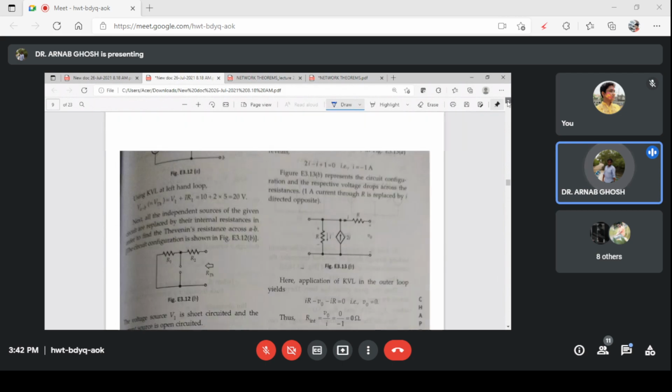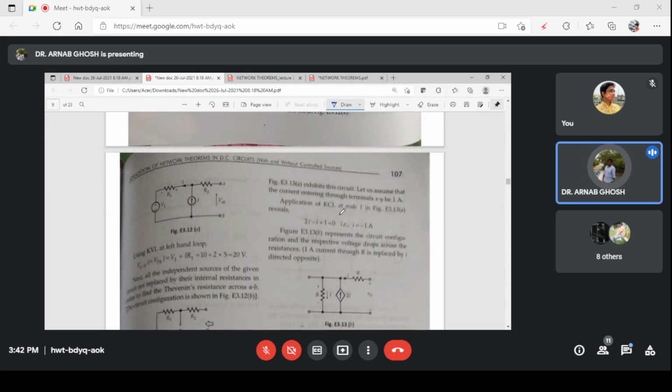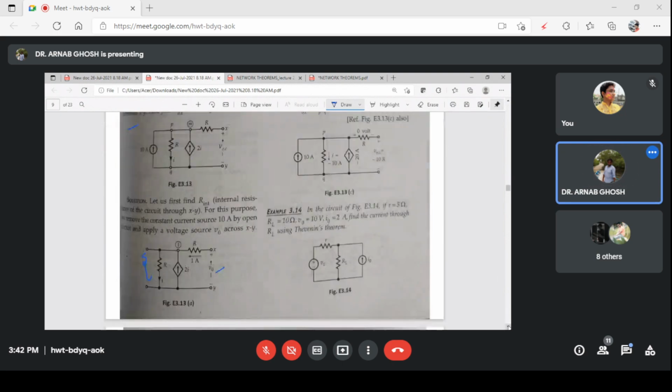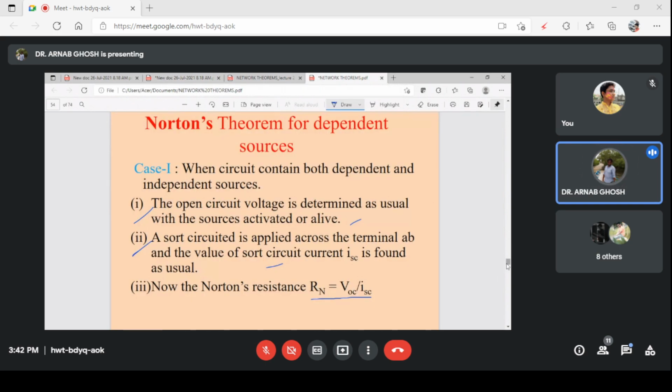When we are applying a voltage across V0, you apply KCL at node 1. Apply KCL at this point. This 1 ampere, I would ask you to revisit this part of the problem.